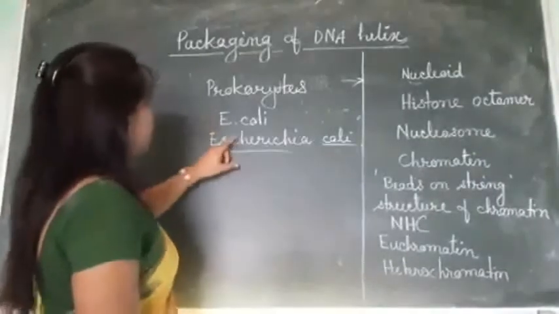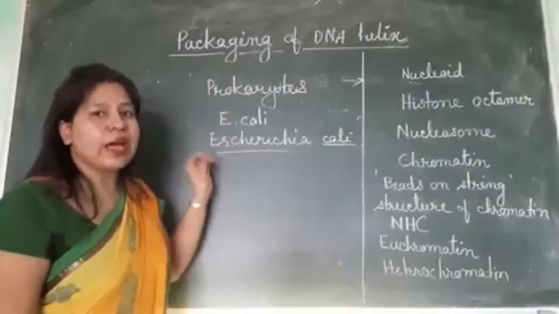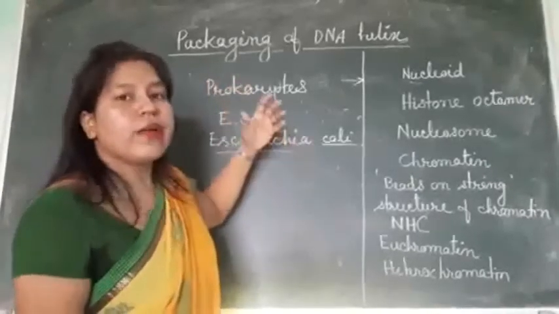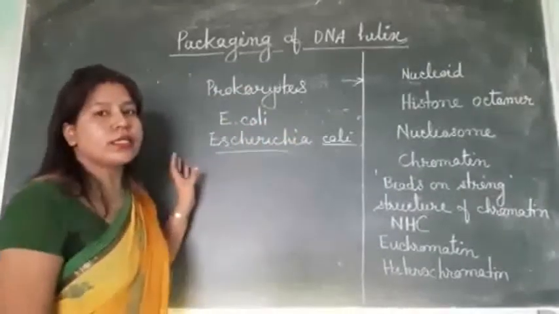In prokaryotes, you know that they don't have a definite nucleus. Though they do not possess a defined nucleus, their DNA is not scattered throughout the cell.